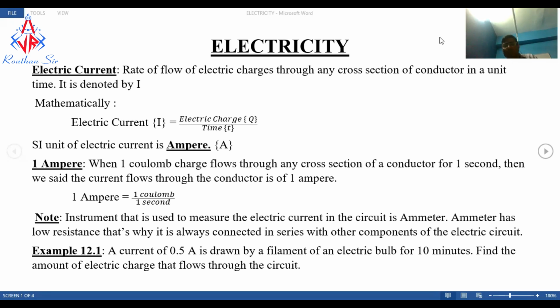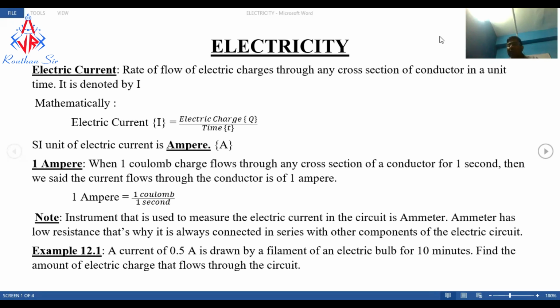Now, there is a small question based on the electric current. In your book, there is one example. A current of 0.5 ampere is drawn by a filament of an electric bulb for 10 minutes, and you have to find the amount of electric charge that flows through the circuit.